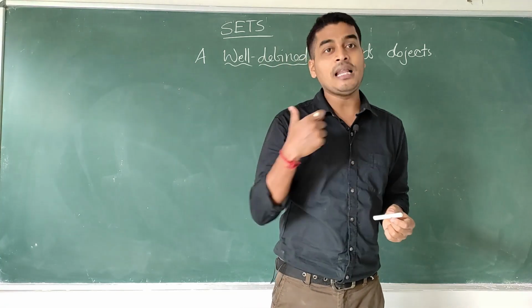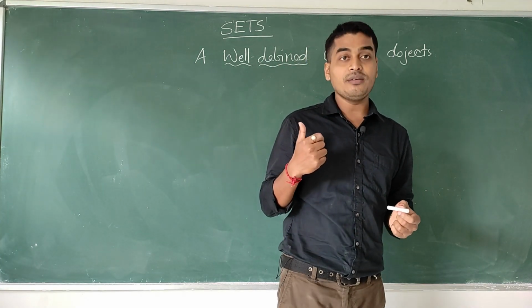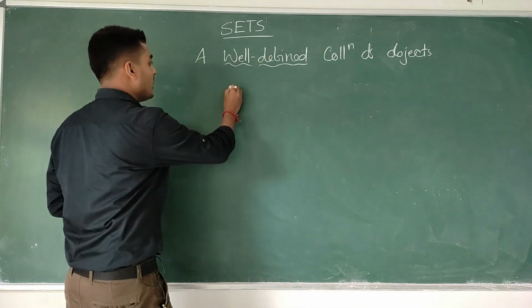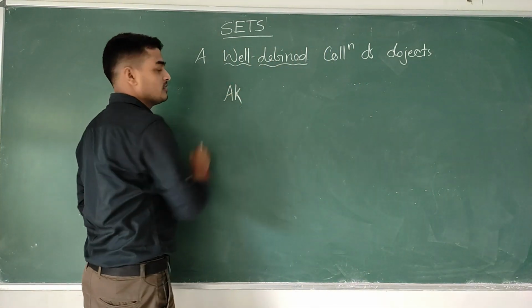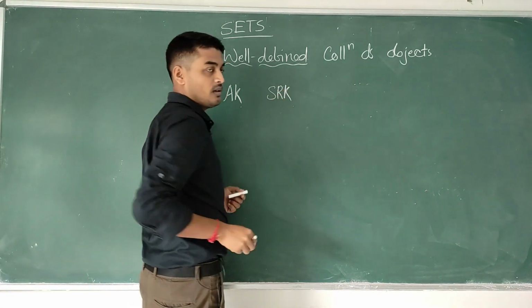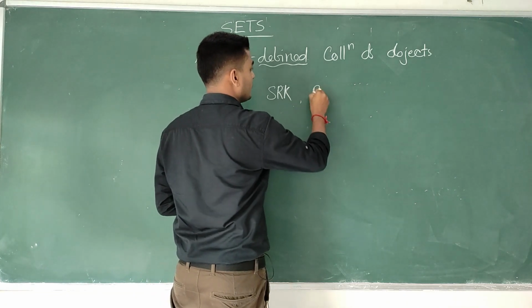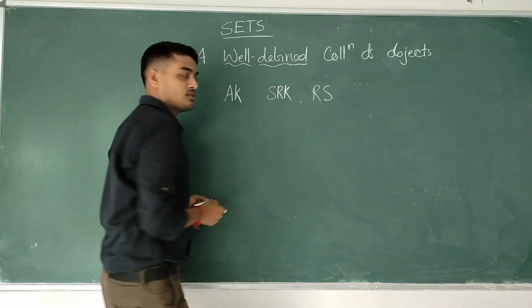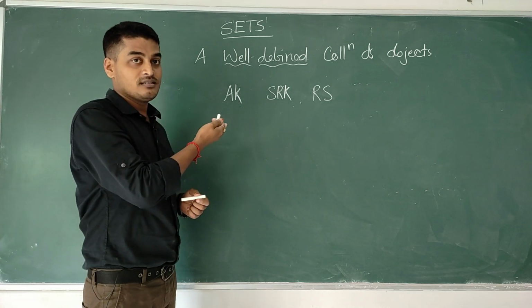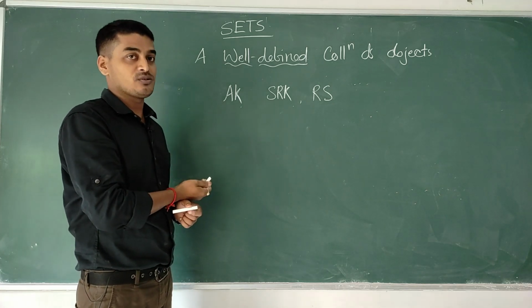So, if you ask me to mention 3 best actors of Bollywood, then obviously I will mention Amir Khan, Shah Rukh, or Ranveer Singh, 3 different actors. So, according to my opinion, these 3 will be considered the best ones.